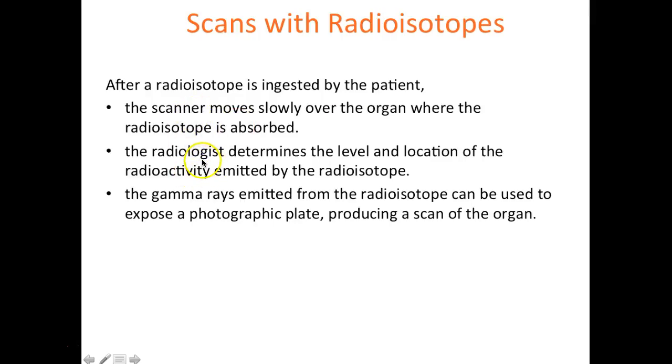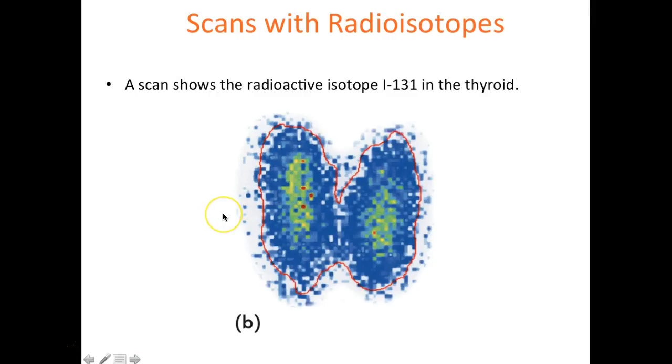The radiologist will then determine the level and the location of the radioactivity, which is exposed to either a photographic plate or a scan, and with the help of a computer this scan is looked at. So here is a scan of I-131 taken up by the thyroid.